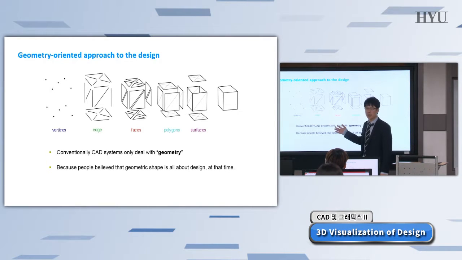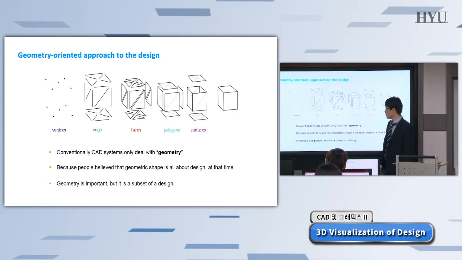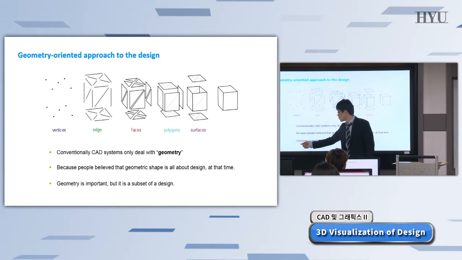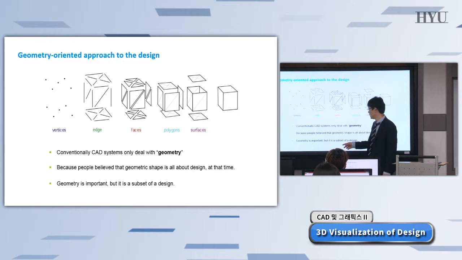In the initial stage of computing, people believed that geometric shape is the most important thing for design, new buildings, new products, whatever, okay? So actually, and frankly, geometry is really important, but actually it is just a subset of design, okay?